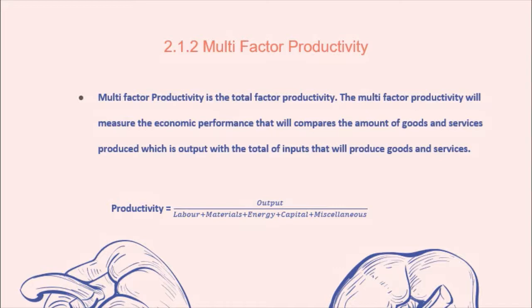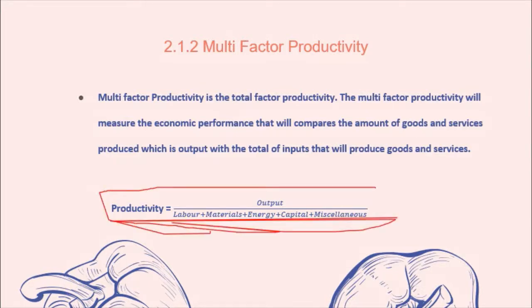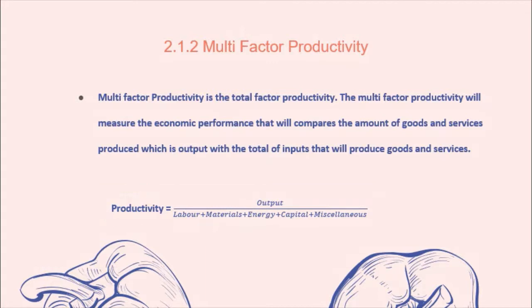This is the multi-factor productivity formula, which is equal to output divided by the sum of labor, material, energy, capital, and miscellaneous.